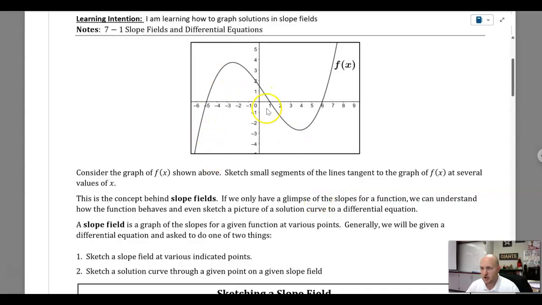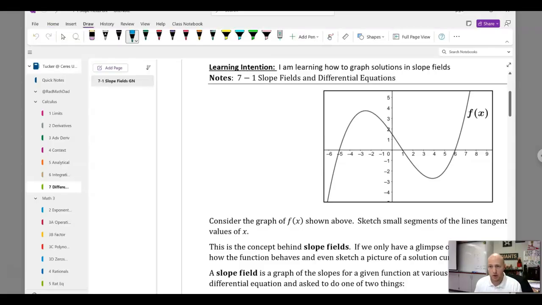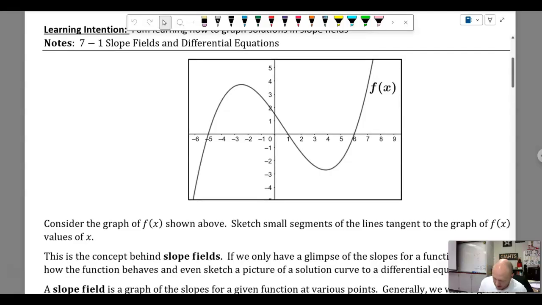Let's start with a function f of x, which is shown here, and what we're going to do is sketch small segments of tangent lines of the graph at several values of x. The ones that we generally will target will be values of 0, as those are the easiest. So we can go ahead and look at our extrema.